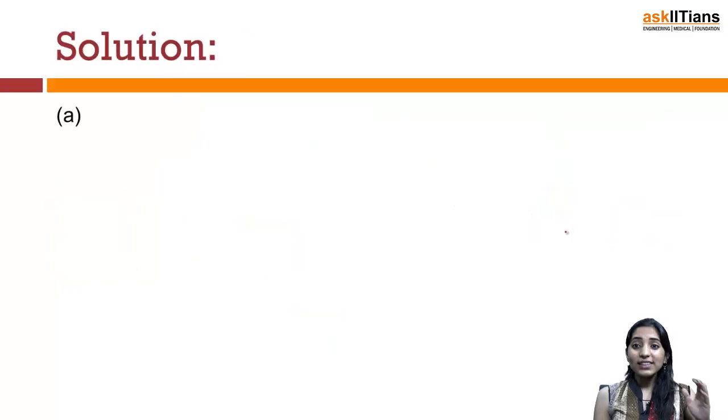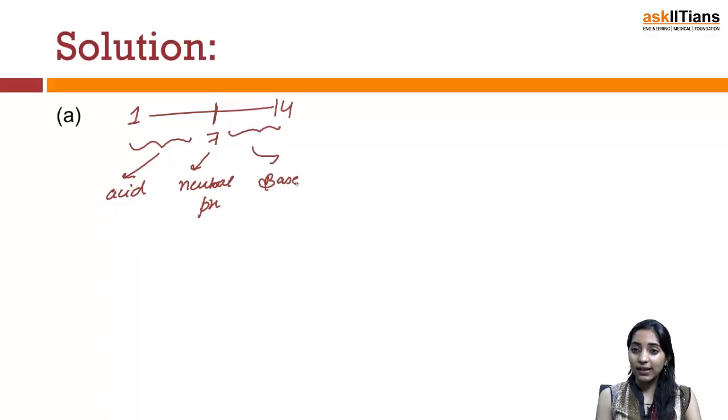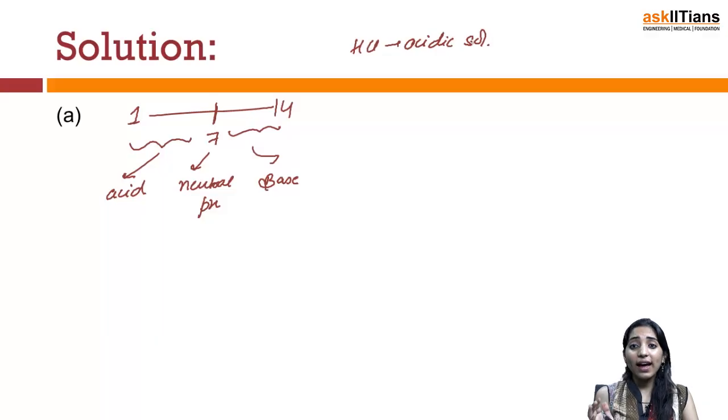The pH scale is defined from 1 to 14, where 7 is called the neutral pH. Below 7 any substance is called an acid, and above 7 till 14 substances are called bases. But we know that HCl is an acidic solution, so it can not have a pH greater than 7.